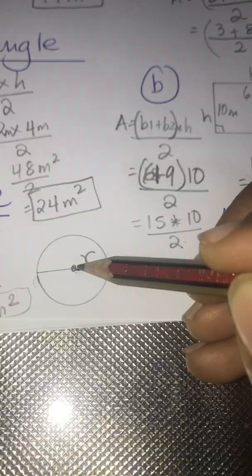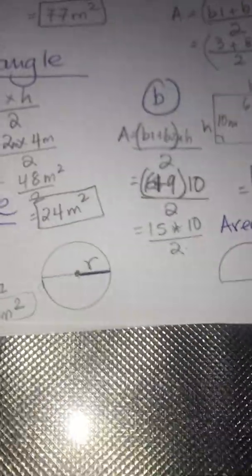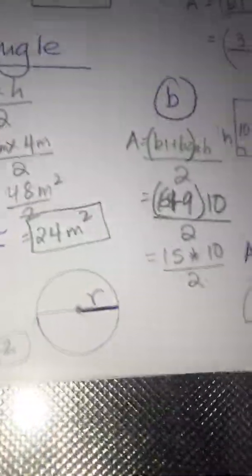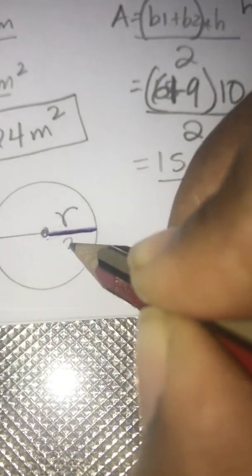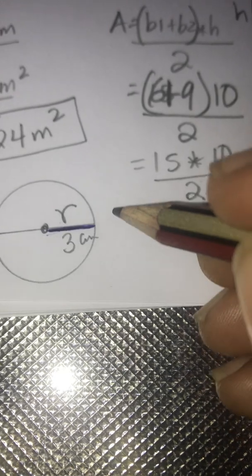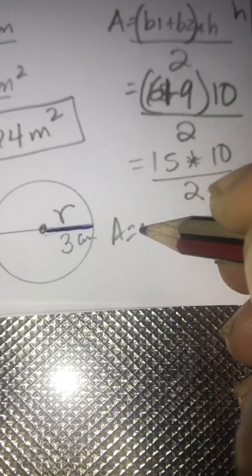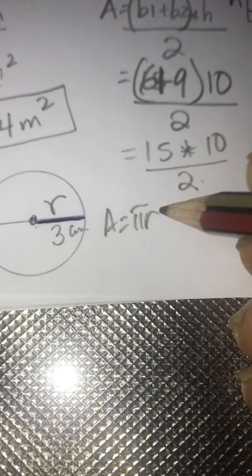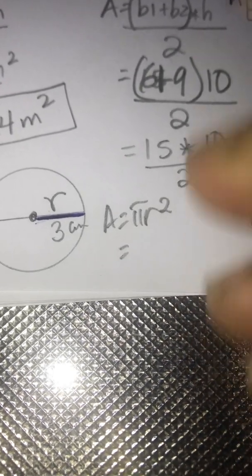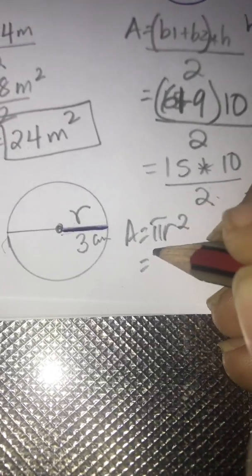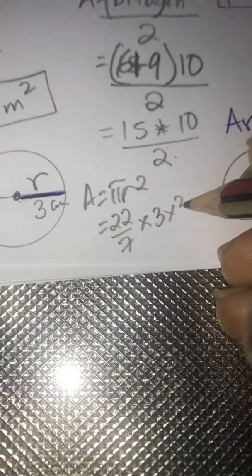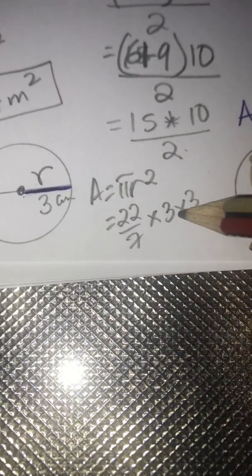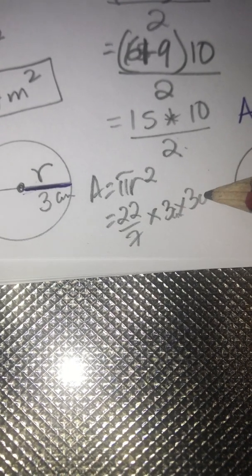Now in this question, the radius is shown, so we can put any number we want. So let's say the radius is 3 centimeters. So you'll do the same thing. Area equals pi r squared. Let's say our pi is 22/7 times 3 times 3. Remember it's centimeters.